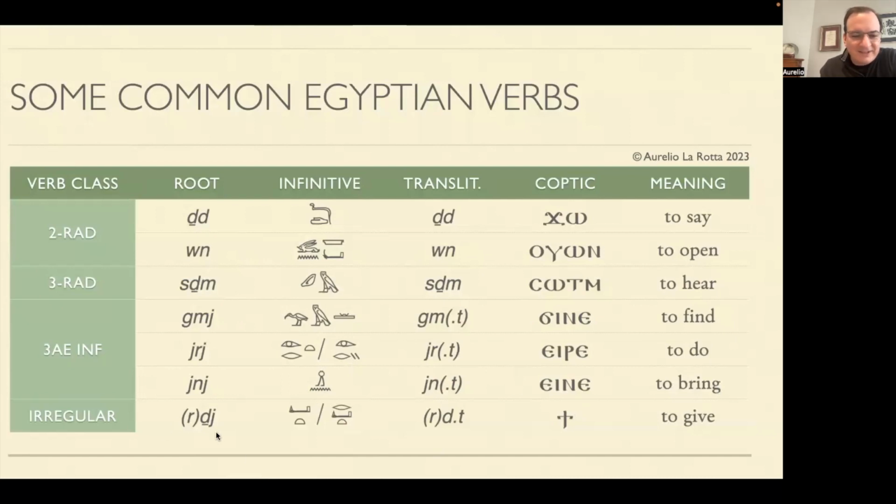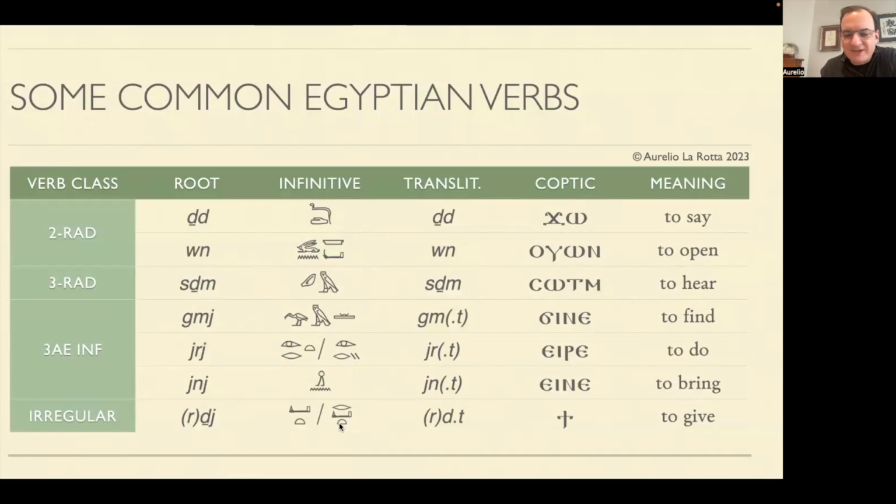And the last one, I think, Alvaro, you had asked about this one last time. RD or simply D. The full root is RD, or actually, if you look in some grammars, it will say RG. By this point in time, the G and the D have merged. So I think, if I remember right, Neveu just transcribes it with a straight D. And this one shows both forms, without and with an extra R. I've seen both for the infinitive.